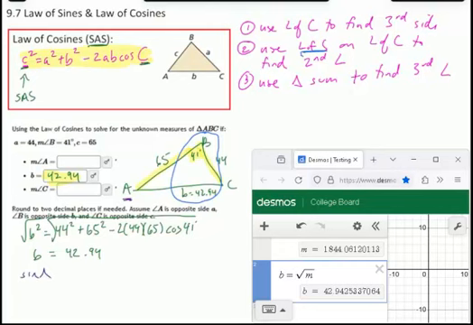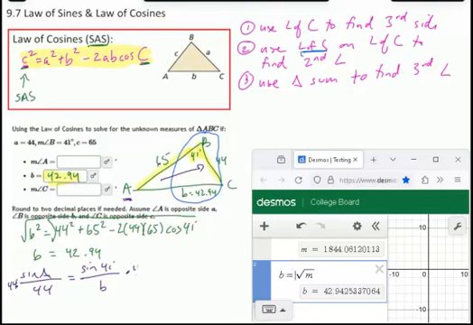So I start with that in the numerator of my fraction, sine of A over the side opposite it, which is 44, is equal to my known ratio, the sine of the given angle, 41 degrees, over the side I just found. Now, I can write 42.94, but because I've already assigned the letter b in my calculator, I'm just going to put b right here. So it's just easier for me to see what my calculation is.